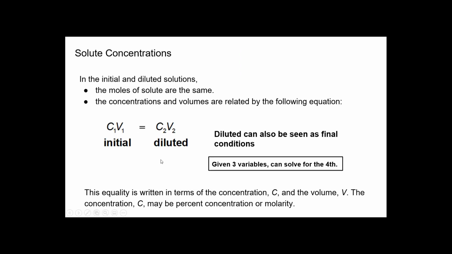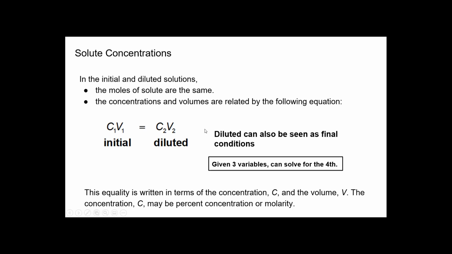So now we're going to use a formula to determine diluted solutions, or we start with diluted and work backwards. This is C1V1 equals C2V2, or you will see this in some books as M1V1 equals M2V2. The ones are the initial conditions, and the 2 is the diluted, or final, conditions. Initial and final is the easier way to state this.